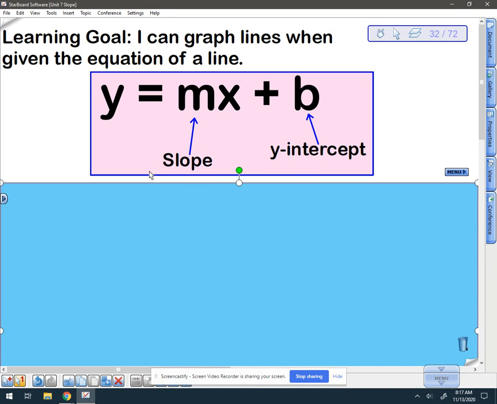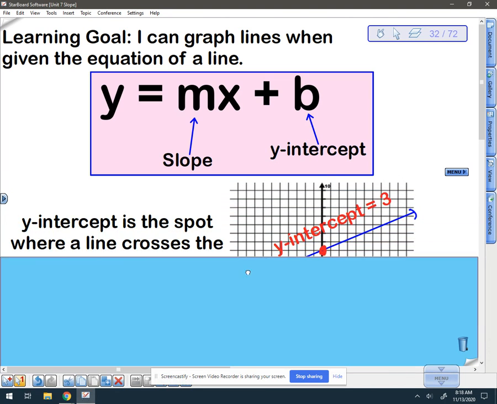Now, we've talked about slope, so you should know what that is. That's how our line is going to change. How's it going to go either up or down, and then how's it going to change to the right? B is something new. It's the y-intercept. And the x and the y are just placeholders if you want to substitute in different points to figure out what they would equal.